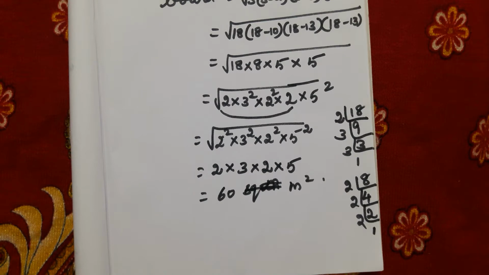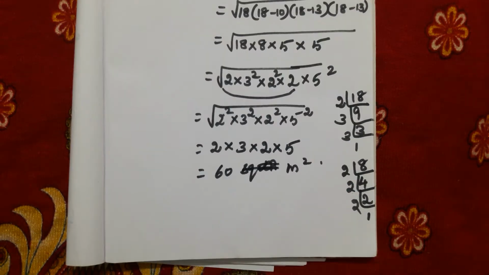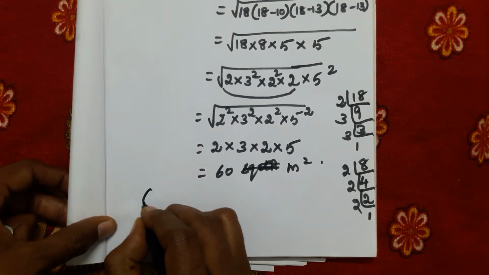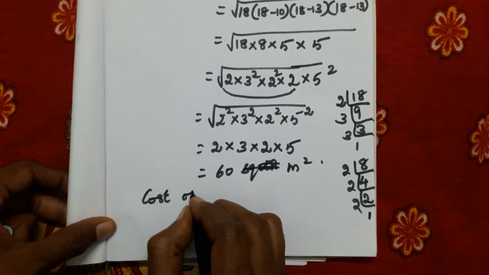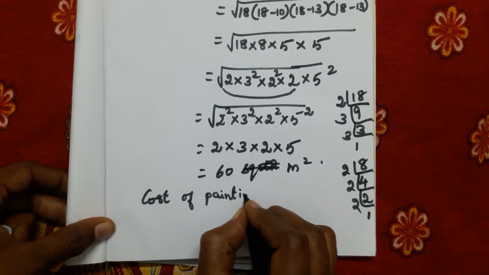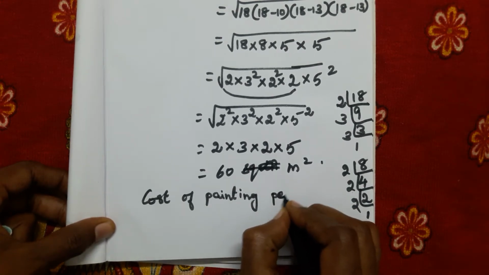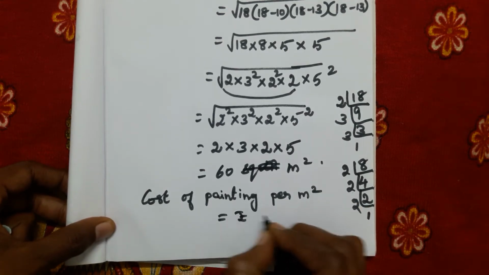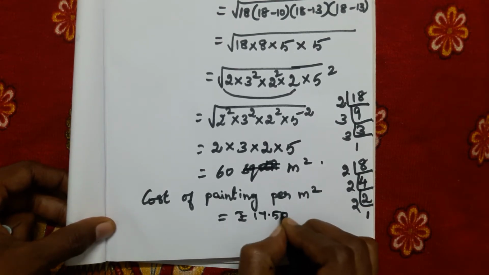Next we have to find out the total cost of painting. First, the cost of painting per meter square is equal to rupees 17.50.